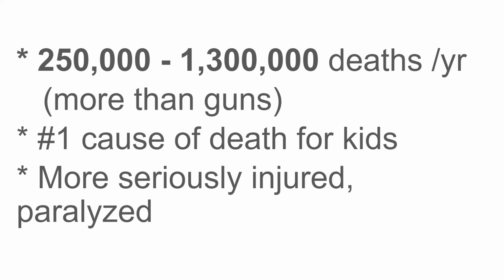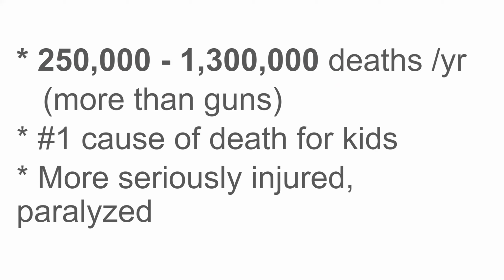Okay. Another problem with cars and not pedestrian friendly areas is actually deaths. Cars kill 250,000 to 1.3 million people a year. This is a very wide estimate because it's hard to calculate the data, but cars kill more people each year than guns.